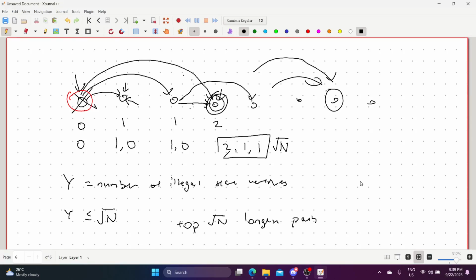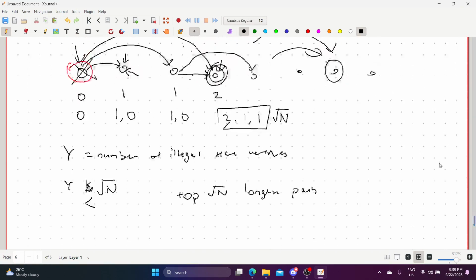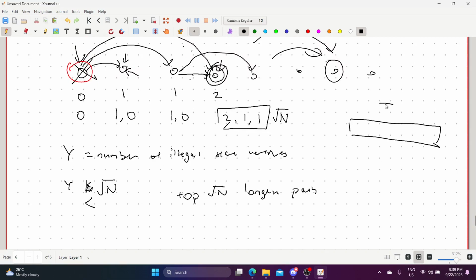n again. So if we do this, then if the number of illegal starting vertices is smaller than square root n, this means that we can always find the answer, because we can just loop through the entire list. If the list is of size square root n, we can just loop through it. Since y is smaller than square root n, at one point one of the vertices will not be part of the illegal set.